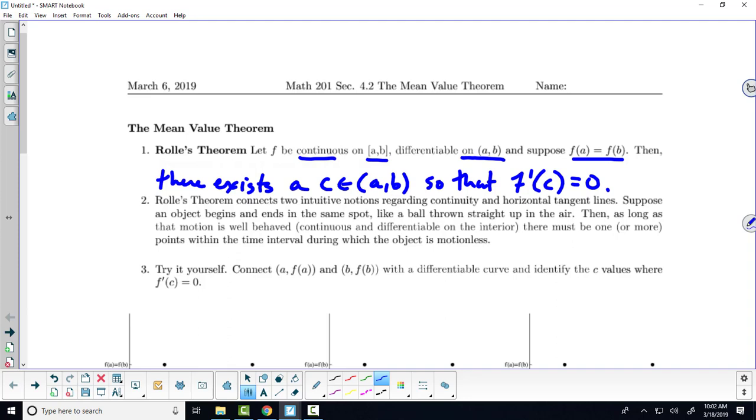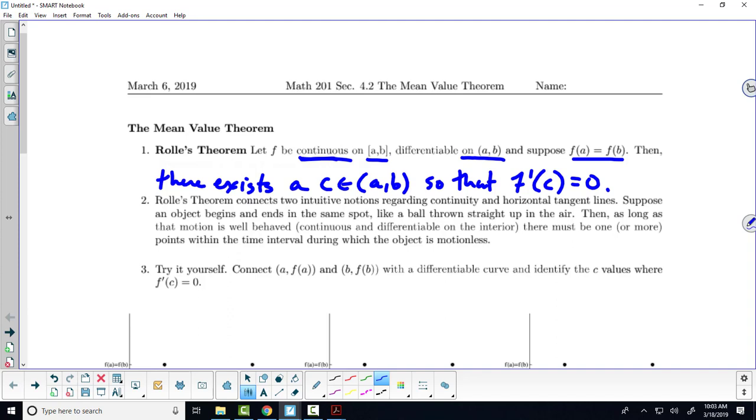Suppose an object begins and ends at the same spot, like a ball thrown up into the air. It starts and ends at the same height. Then as long as the motion is well behaved, what do we mean by well behaved? Well, mathematically we say as long as the motion is continuous, then there's guaranteed to be a point in the interior where the derivative is 0.